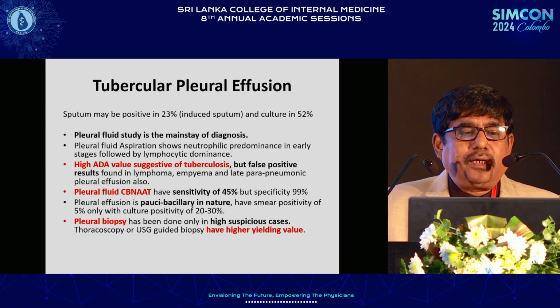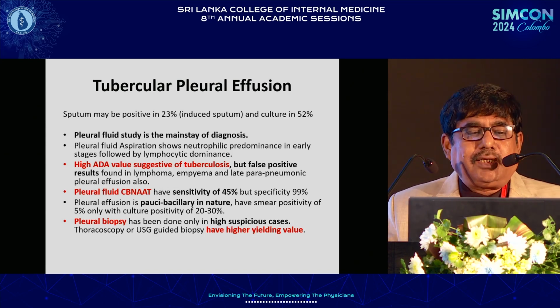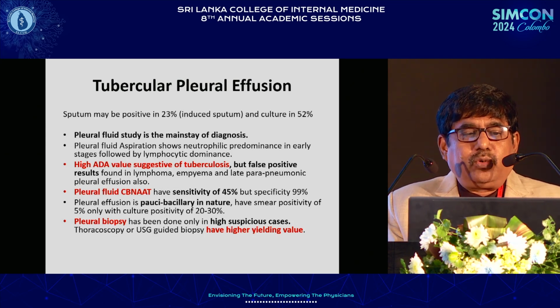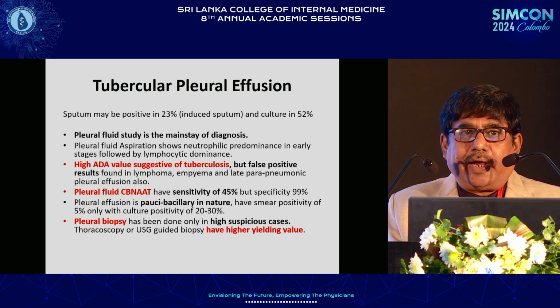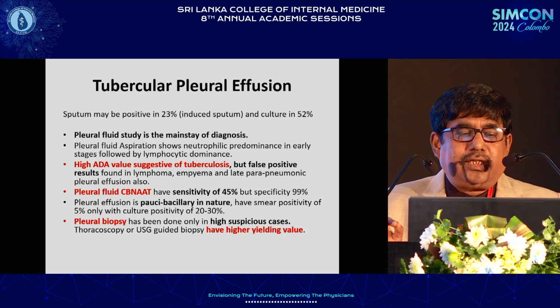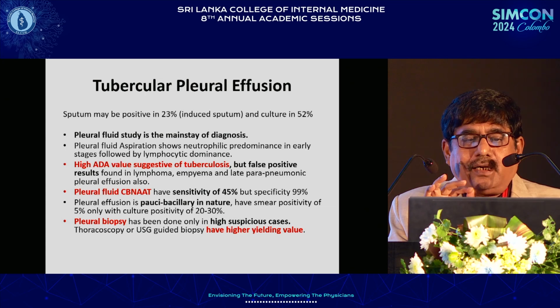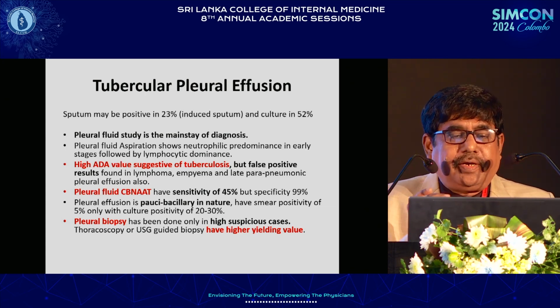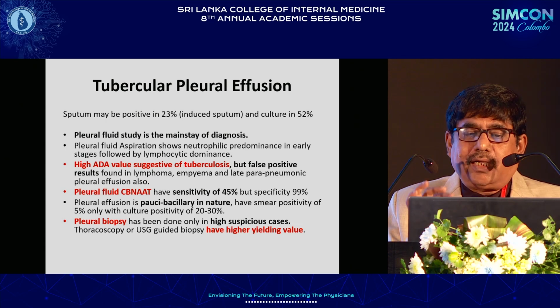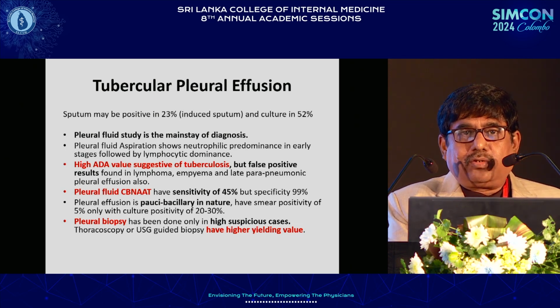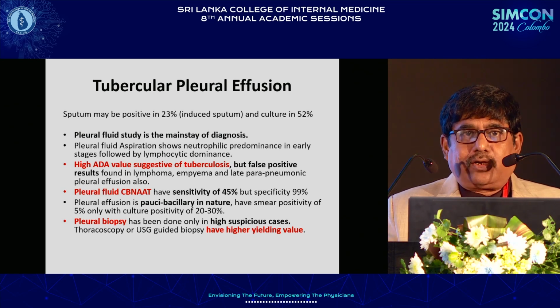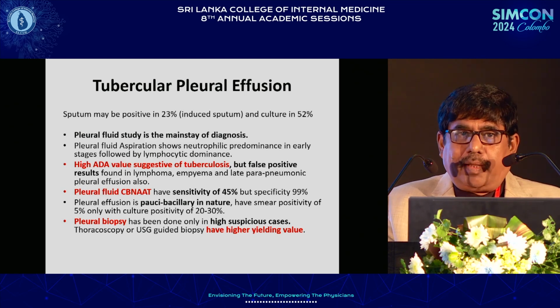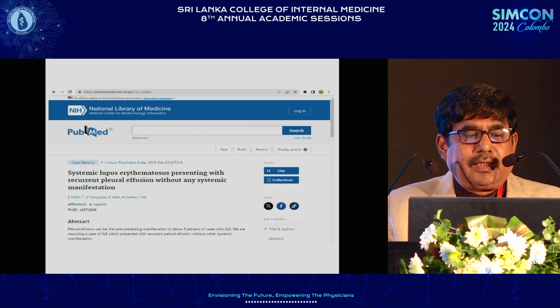Tubercular pleural effusion has its own challenges. We usually check ADA, and if ADA is more than 40, it is highly suggestive of tuberculosis. CBNAAT sensitivity is low here, which is why repeated aspiration may be required, and pleural biopsy is done in highly suspicious cases. Even if the patient is suggestive of tuberculosis but the other tests do not give a confirmatory diagnosis, we should go for pleural biopsy rather than giving empirical therapy.